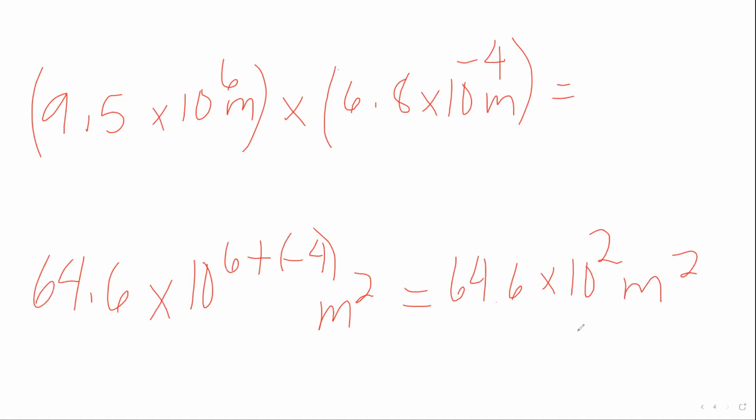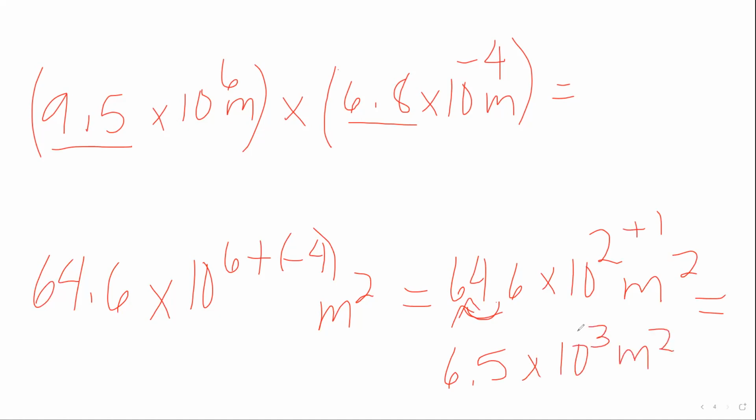But we need to back it up because that is incorrect scientific notation. And also we need to watch our sig figs. So that's going to end up being 6.5, right? And then since we backed it up 1, we need to increase this by 1, times 10 to the third meters squared. And there you go.